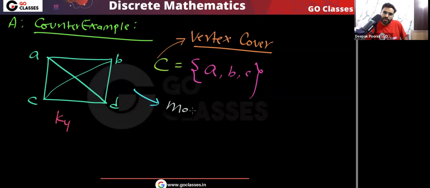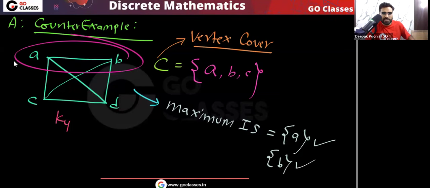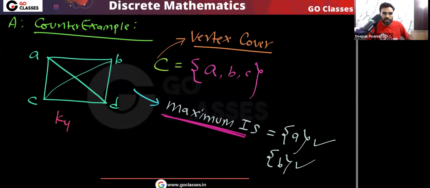For example, this is an independent set. You cannot take 2 vertices, because if you take 2 vertices, they will be adjacent. So the largest independent set that you can create will have a single vertex.